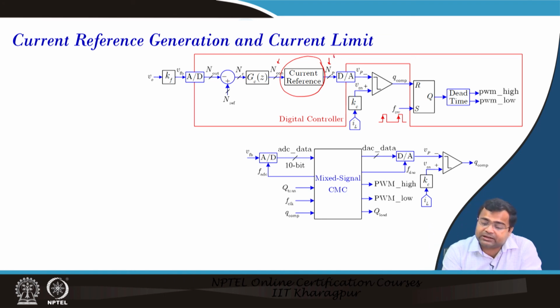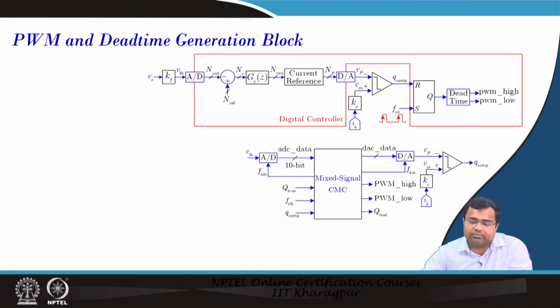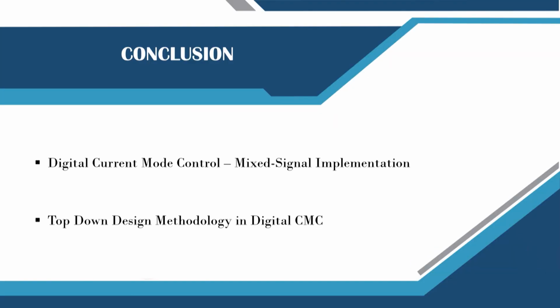This data is offset binary and this data is 2's complement. So we need a codifier that converts one code to the other, including resizing the data. And here we can also set the current limit. Next, the PWM and dead time circuit. This part will be a PWM trailing edge modulator with dead time, and we will be discussing this.